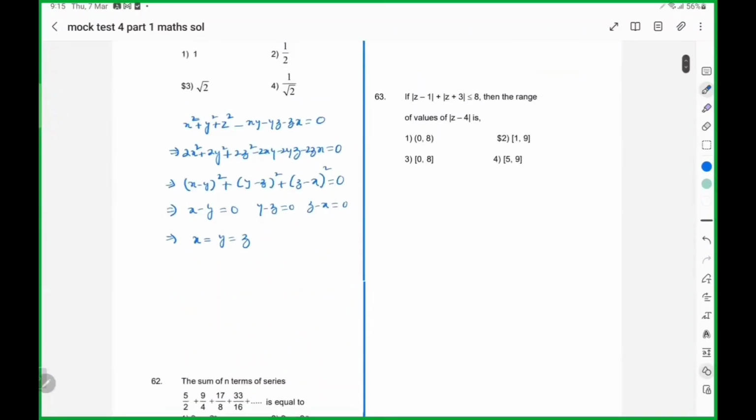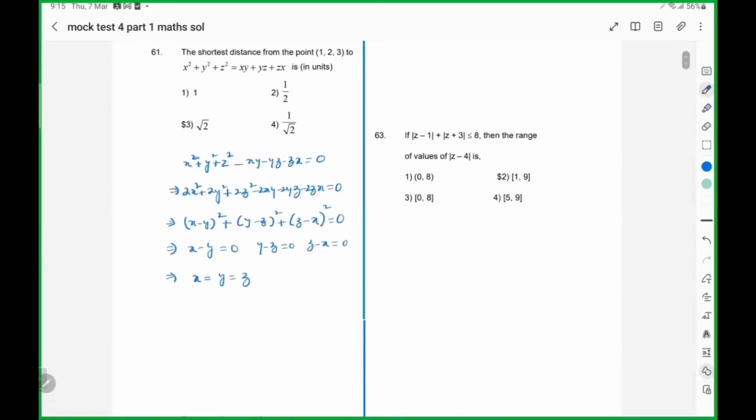So here, shortest distance from the point to the line. Here you take it as 1, 2, 3. Shortest distance is nothing but perpendicular distance. Any point on this line, I can write as R, R, R. So AB's DRs are R minus 1, R minus 2, R minus 3. And this line CD's DRs are x by 1, y by 1, z by 1.